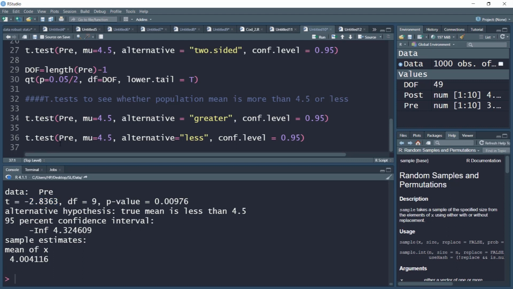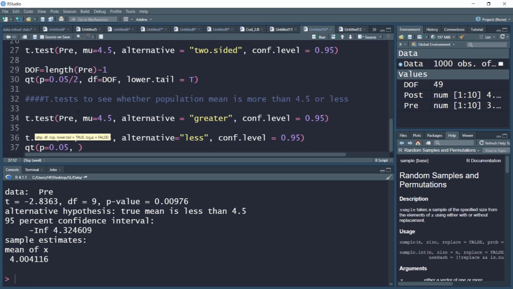Now if you want to conduct the critical value analysis, you can simply generate the critical t value here using the qt function. You can use qt and specify the p value of 0.05, that is 5%. Please note we are not using 2.5%. Why? Because it is a single tail test, so we are looking at only one tail, the lower tail, and therefore we are using the argument p as 5%.